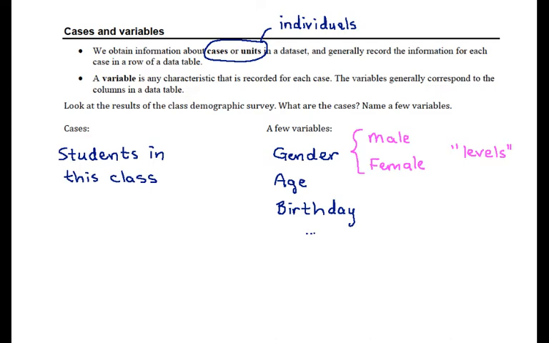Now you might notice by looking at these that these variables don't all behave in exactly the same way. Age would be described by a number, right? Whereas gender would be described as either male or female. This distinction is what we're going to get into next, which is quantitative versus categorical variables.